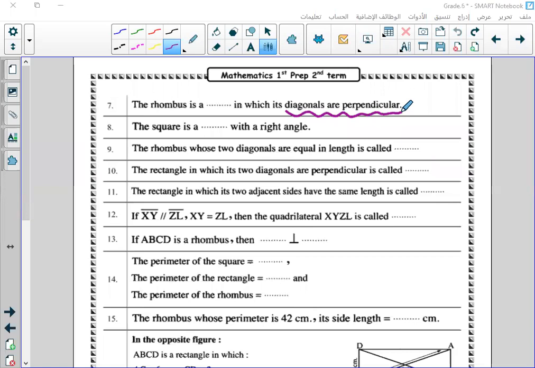Omar, you can answer. A rhombus is a parallelogram whose diagonals are perpendicular. Okay.